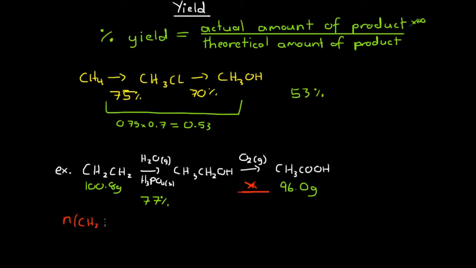So if we wanted to work out our mole of ethene, we've got 100.8 over 28, which gives us 3.6 mole. If we look over here at our mole of ethanoic acid, this should not say grams, obviously we're looking at mole here.